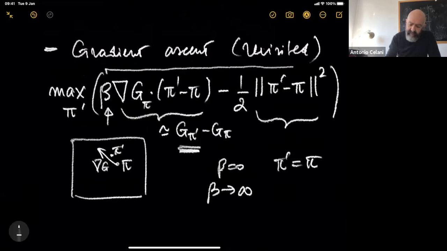The first term is linear and the second one is just quadratic, so we can do the optimization in a very straightforward manner. We just have to take the derivative of what is inside the bracket with respect to pi prime.